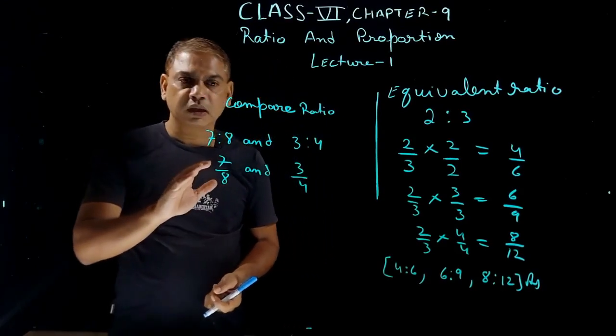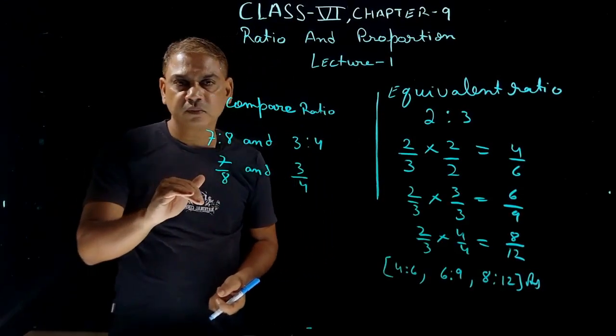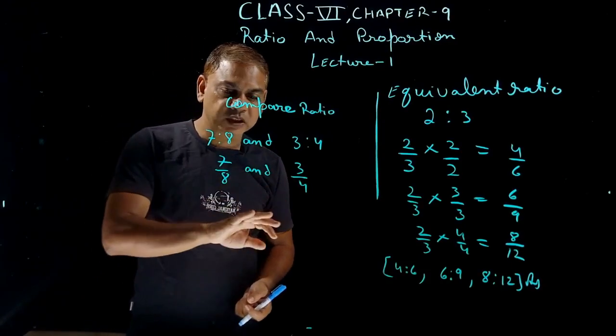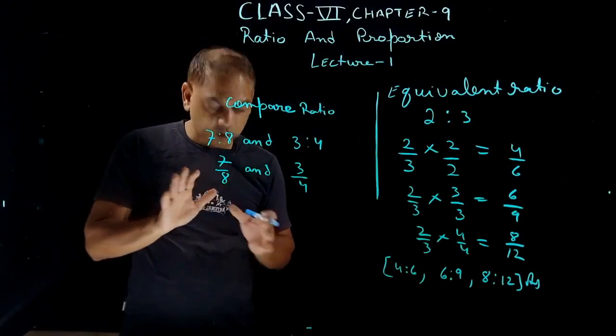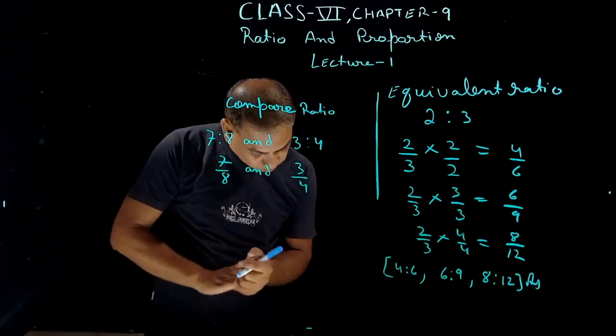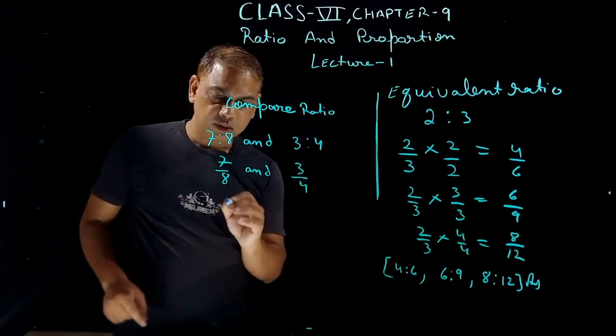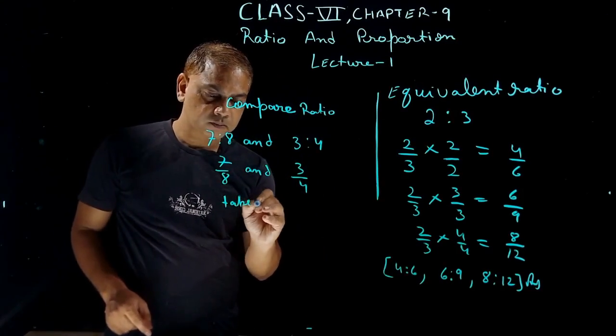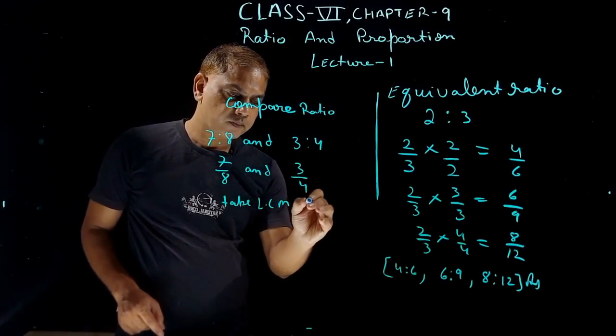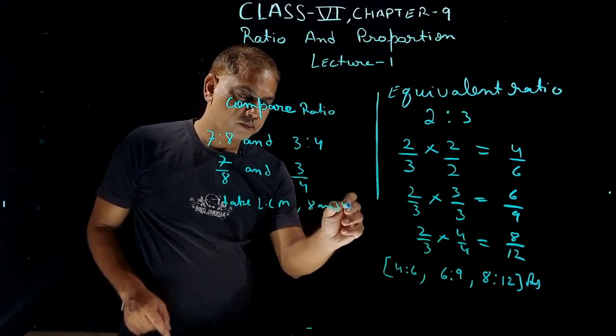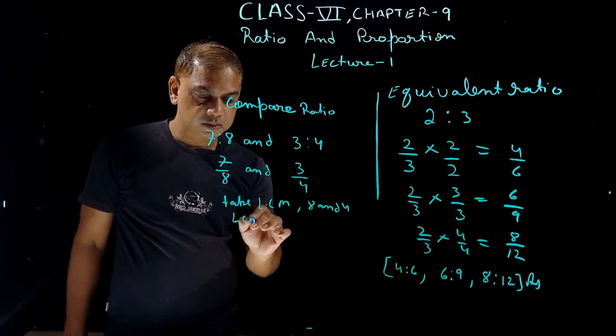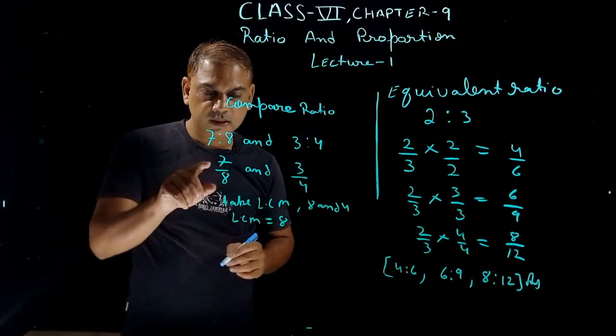Now first of all convert them into simplest form. These fractions are already in the simplest form. Now take LCM of 8 and 4. So LCM is equal to 8, right?